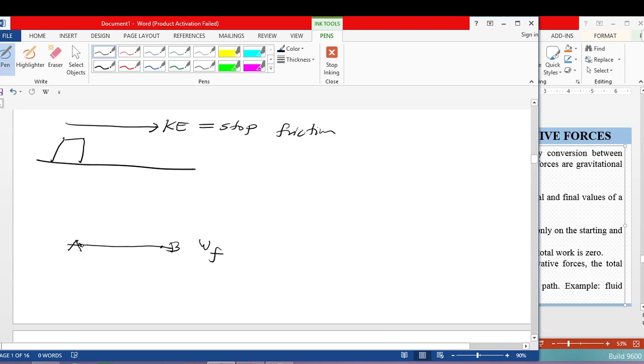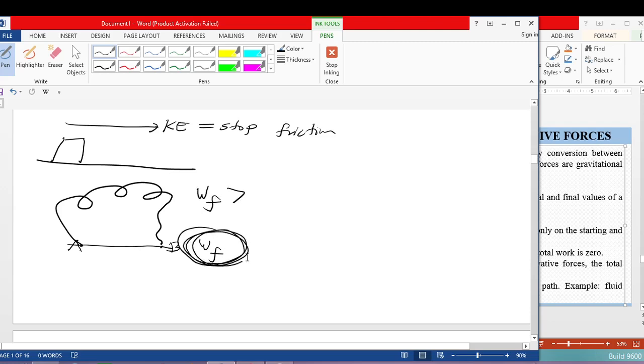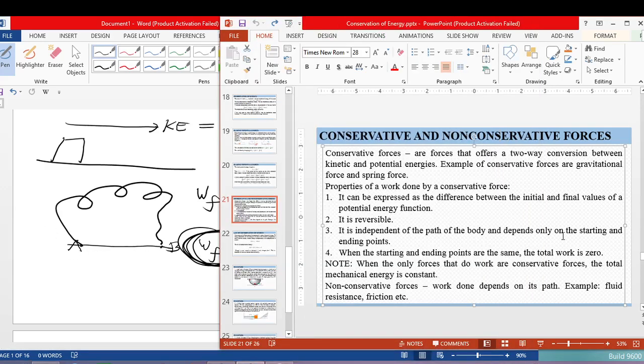But if you move along a longer path with the same initial starting point, the energy you lost due to friction is greater than the energy lost by friction if you go in a straight line. So the work done by the friction here is different from the work done by the friction there, because the work done depends on the path.